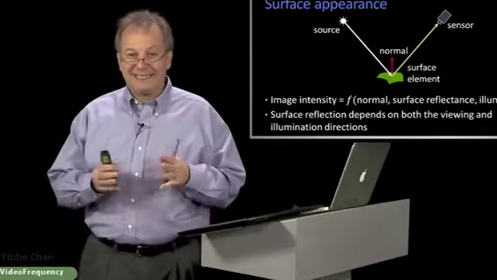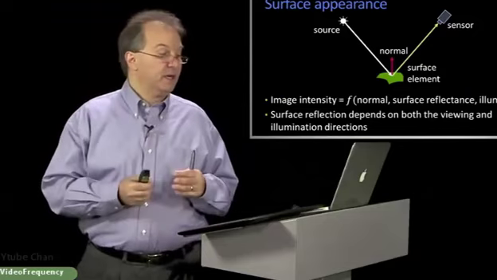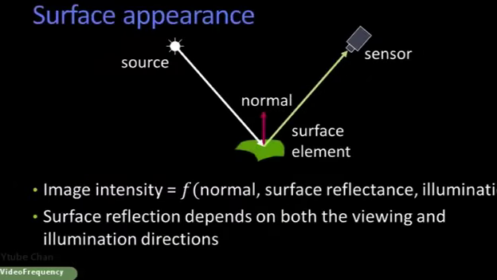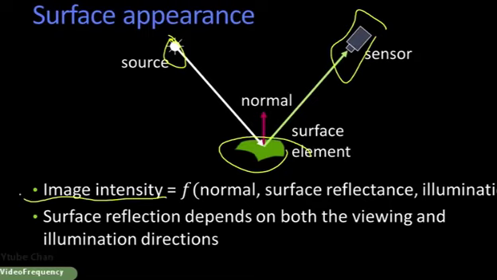So what we're going to talk about today is essentially the surface appearance of objects. And what we mean by that is, if I've got some surface element and it's being illuminated by a source, what is it that the sensor is going to see? And the idea is that the image intensity is going to be a function of a couple of things. One is the local shape, and we can think of the shape as just being the surface normal of a little patch.